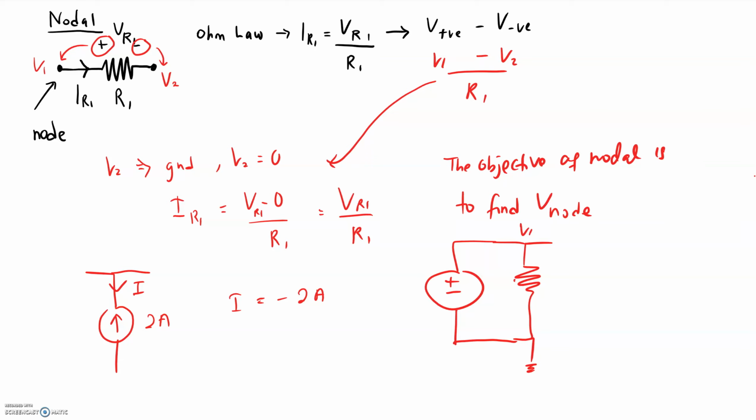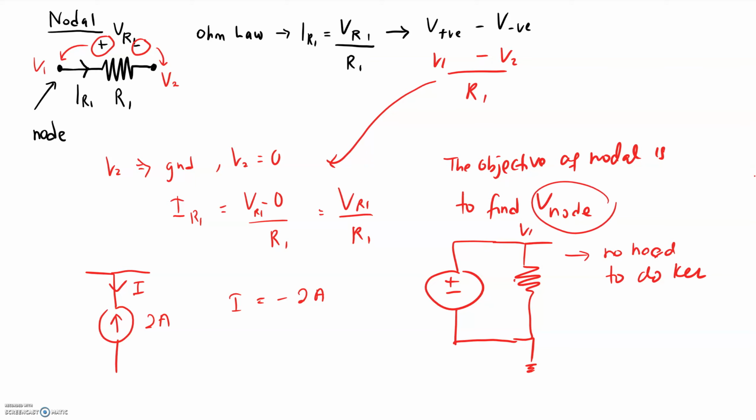So if you found a circuit that looks like this one, there is no need to do KCL because your objective is to find V naught.